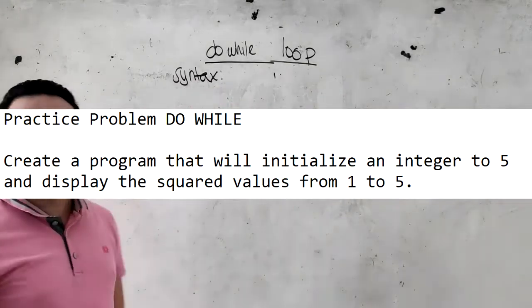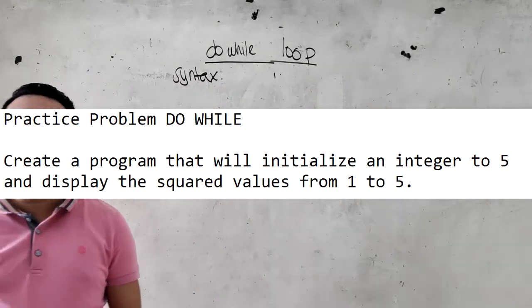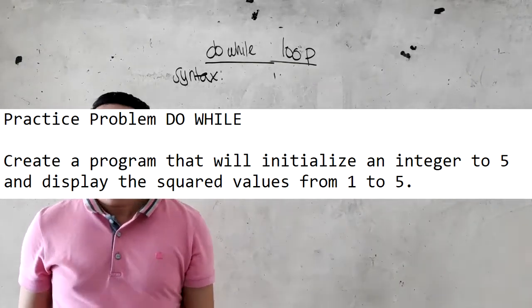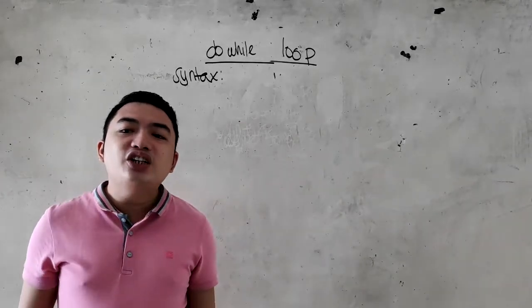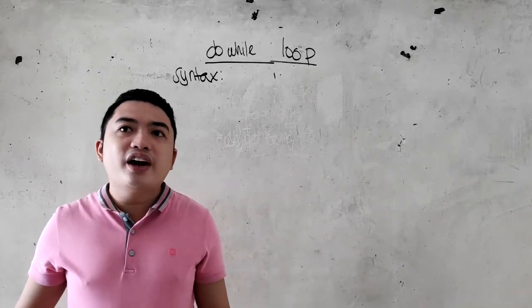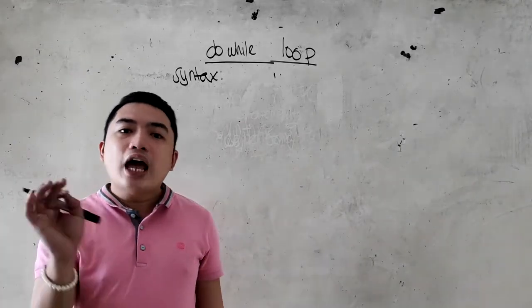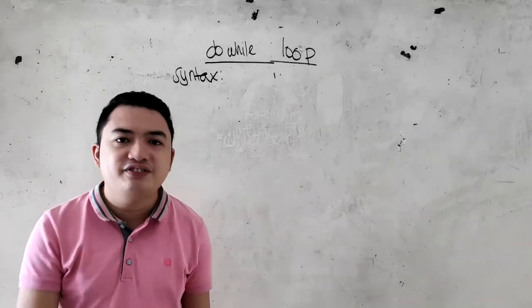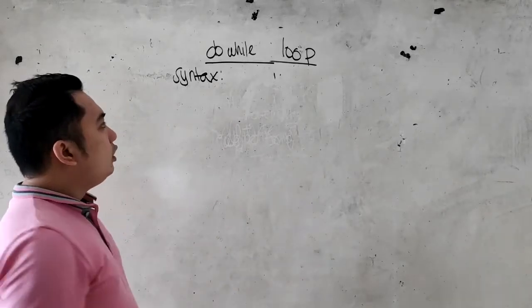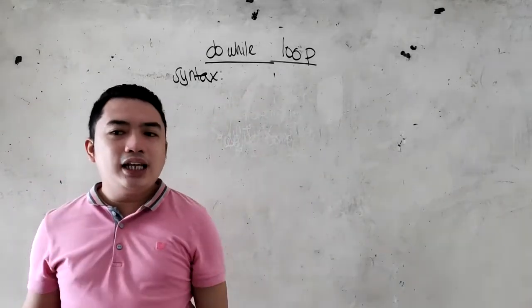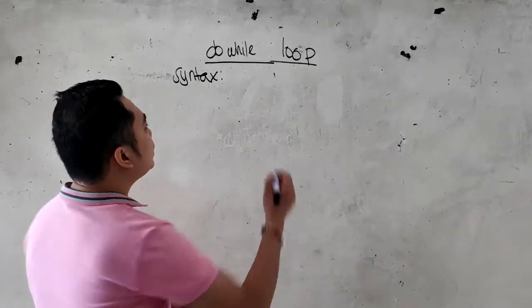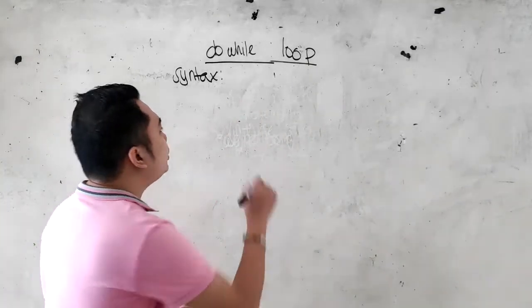In our practice problem, we need to create a program that will instantiate an integer to 5 and then display the squared values from 1 to 5. So we are expecting that the output are the squared values of 1, 2, 3, 4, and 5. So we need to declare and instantiate an integer first.